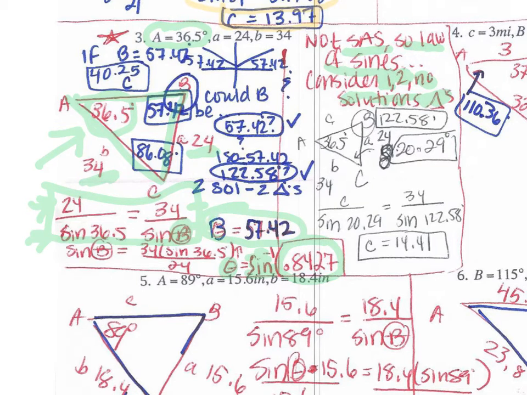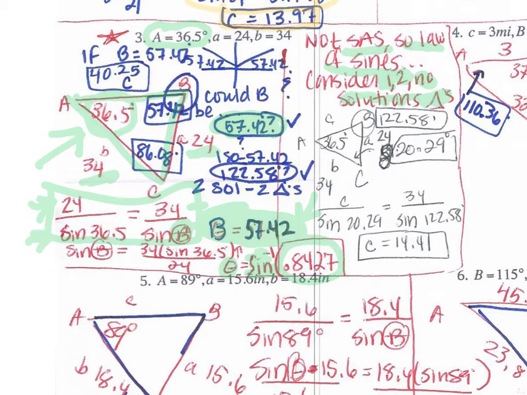Now because it's law of sines, we need to consider the two options. We can't just fill in 57.42 and then fill in the last angle and be done. So remember, for law of sines, you ask yourself, could it be the angle I just found, 57.42?